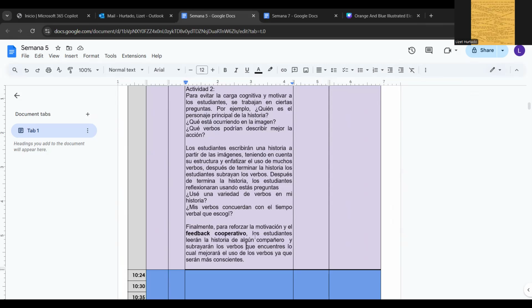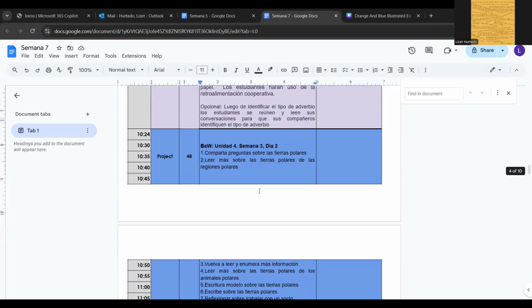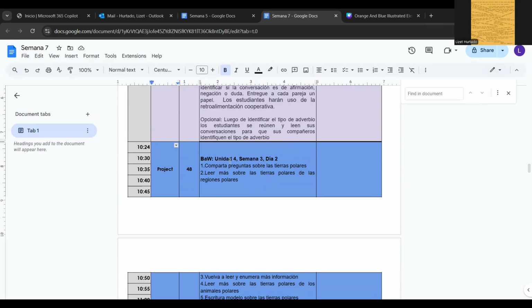So when they are done writing the story, they exchange it with another student and they highlight the verbs. That will help them to improve their ability to recognize verbs, not only in their writing, not only the verbs that they feel comfortable to, but any verb. And on the other hand, we also work on certain projects.